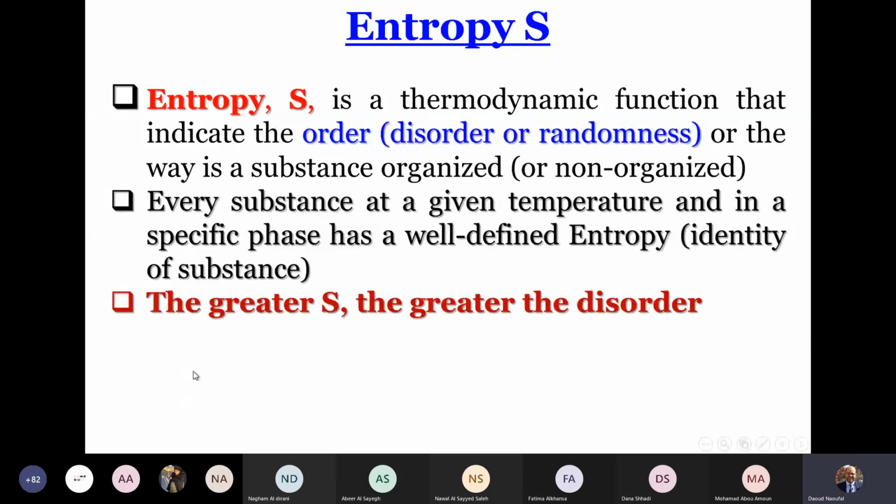When the entropy increases, that means the disorder increases. If I have two substances, the first has entropy S1, the second has entropy S2.